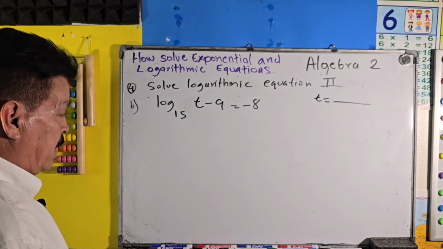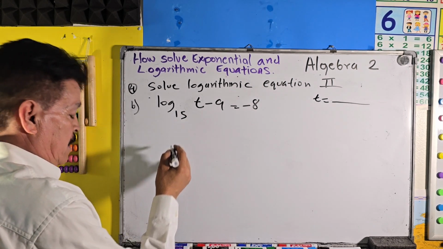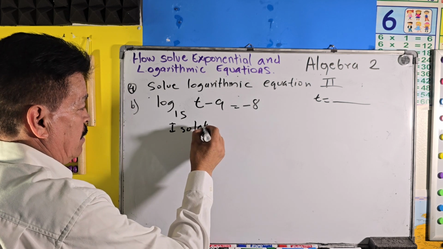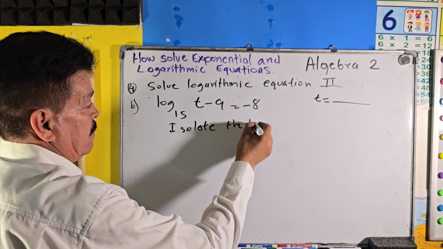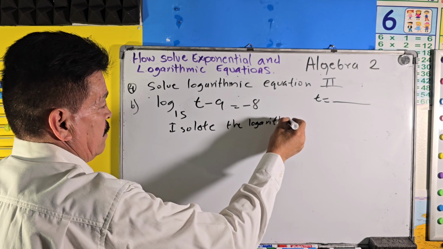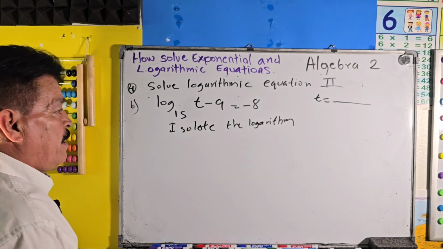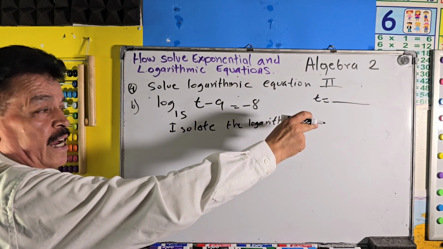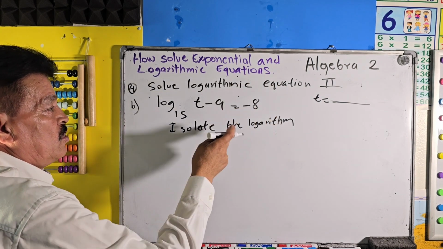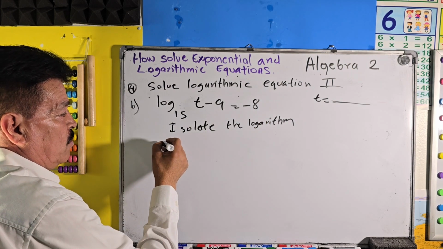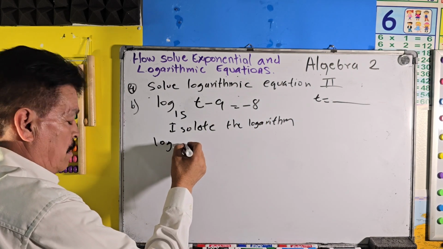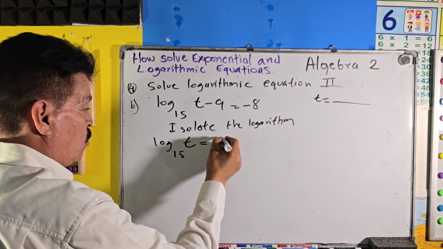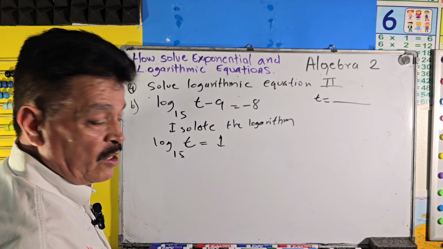Okay, next step. The first step is to solve the logarithm. This is subtract. You move it to the right side, and as an addition it will be positive. So we will have logarithm t with the base 15 equals 1, since 9 minus 8 is positive 1.